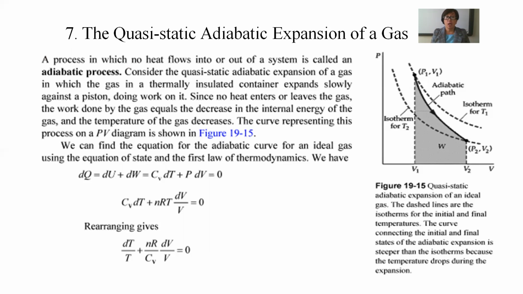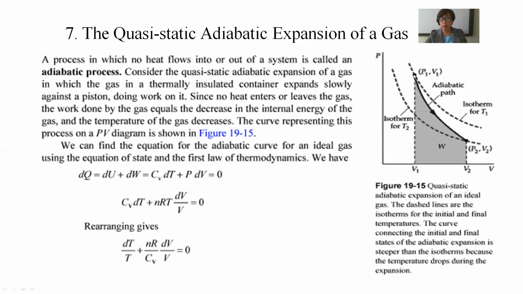Here we have a PV diagram. This curve is isotherm 1, and this curve is isotherm 2. The dashed line follows the isothermal process, but the same adiabatic expansion of the gas.